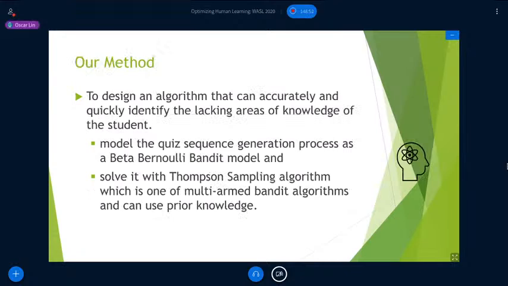So in this research, we try to design an algorithm that can accurately and quickly identify the lacking areas of knowledge of the student. So we model it as a Bernoulli bandit model, and then we use Thompson sampling, one of the multi-armed bandit algorithms that can use prior knowledge.